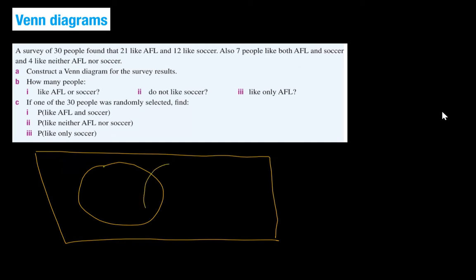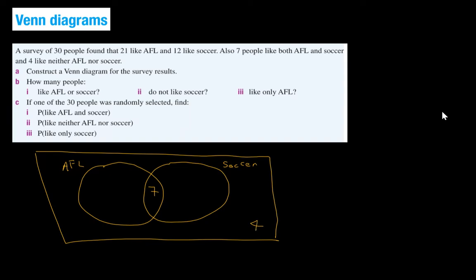Okay, now they've already told us most important information. AFL, soccer. Okay, so we've got 7 people like both AFL and soccer, so the 7 is going to go in the middle. 4 like neither AFL or soccer, so the 4 is going to be on the outside.